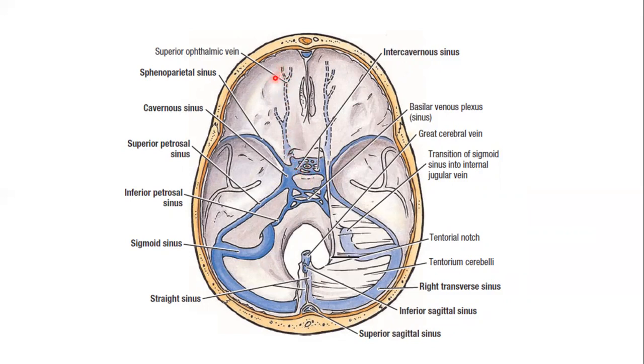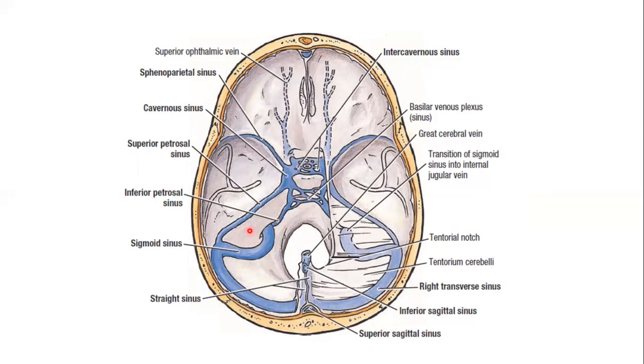Then we see the superior petrosal sinus, present in front of the petrous part of the temporal bone, and then the inferior petrosal sinus. This is the basilar venous plexus.